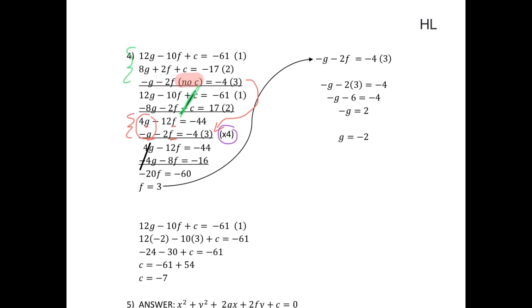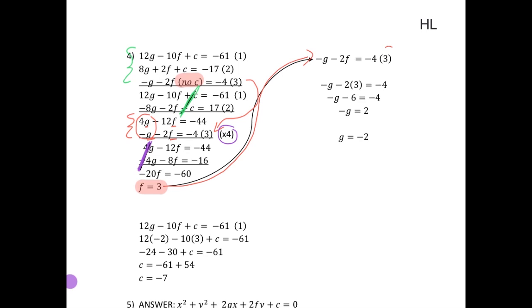Then we have two equations that we can add together. So the 4g cancels with the minus 4g, and we have minus 12 minus 8 gives us minus 20f. Minus 44 minus 16 gives us minus 60. So f is equal to 3. Then we can take that value for f and substitute it into one of our equations.